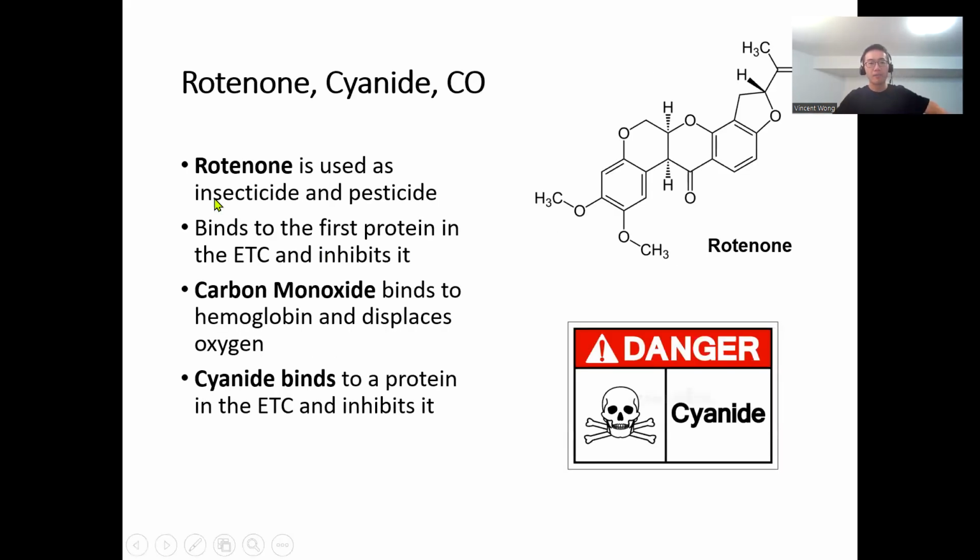We have this thing called rotenone, which is used as an insecticide and pesticide, which makes sense. You block the ETC for the insects and the pests. I mean, they are animals too, so they have the same kind of mechanisms for making ATP. Then you kill them. Fantastic.